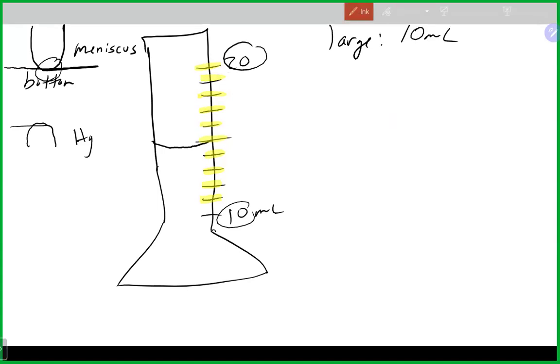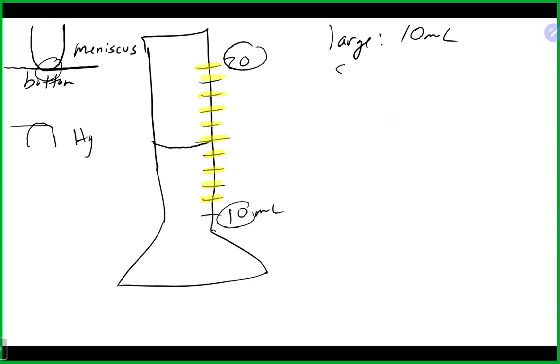So 10 divided by 10 means each small marking represents 1 milliliter. That means the markings go 11, 12, 13, 14, 15, 16, 17, 18, 19, and 20, all the way up to the top.